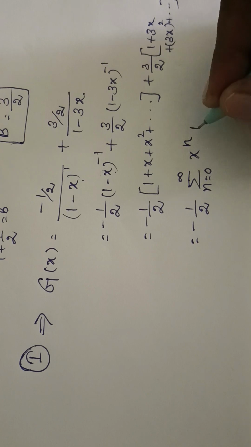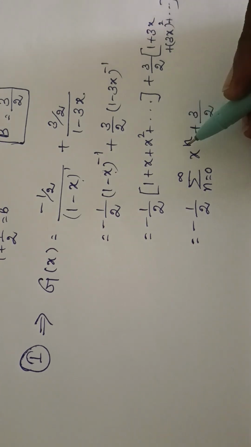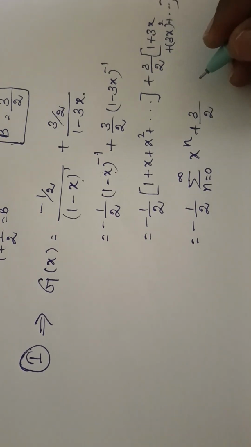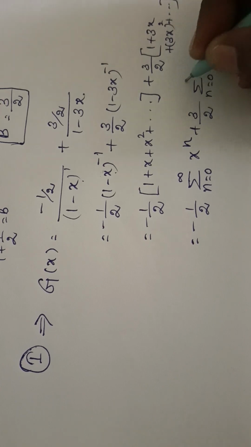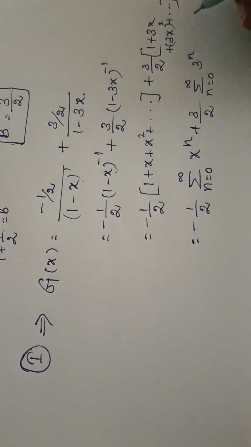In the second term 3 by 2, here it is 1 plus 3x. As I already said, instead of x we replace 3x. So that is summation n equal to 0 to infinity 3x the whole power n. So 3x the whole power n we can write as 3 power n x to the power n.